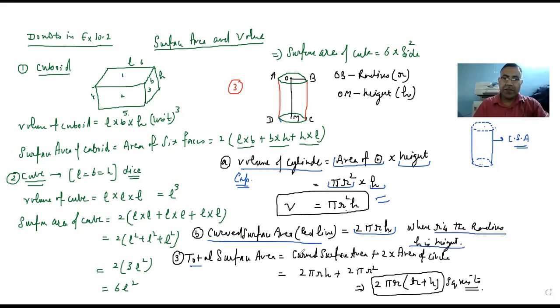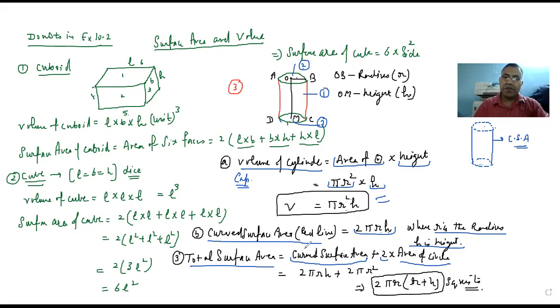Now, next is total surface area. If I consider the total surface area of this figure, first I will take the curved surface area. Second, I will take the area of this circle. Third, I will take the area of this circle. So I will add 1, 2, and 3. So what I wrote is total surface area equals curved surface area plus twice the area of the circle, because I know that the area of 2 and the area of 3 are always equal, since the circle of the same radius is at the top and at the bottom.